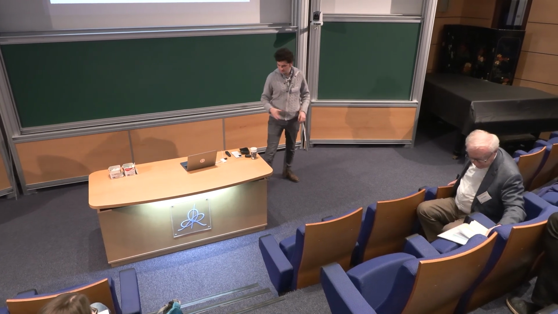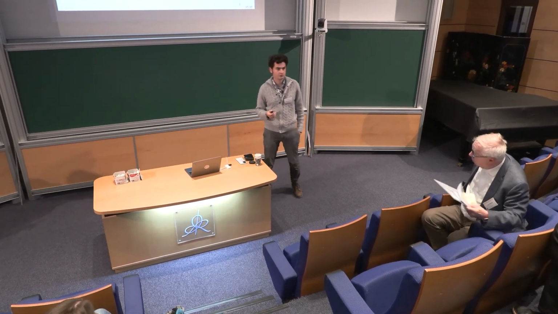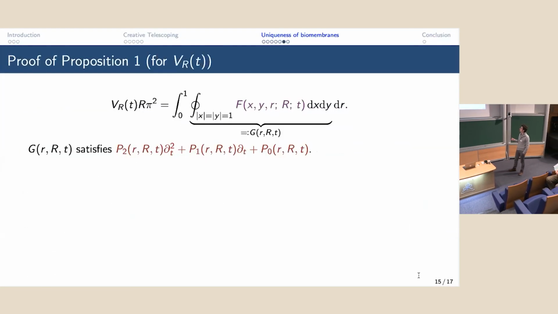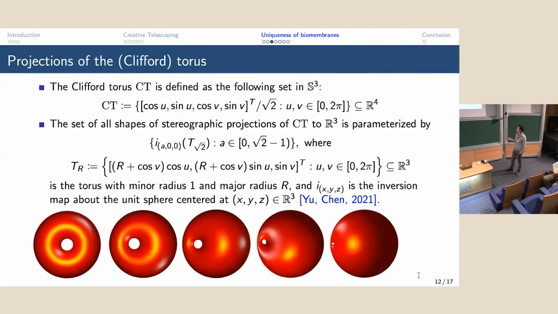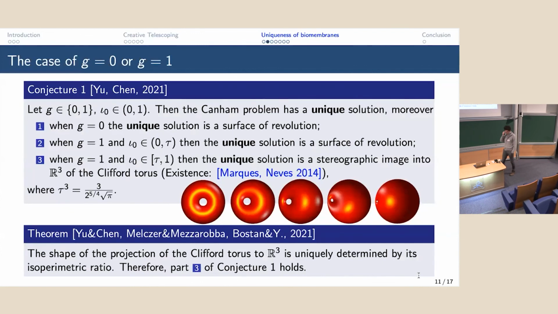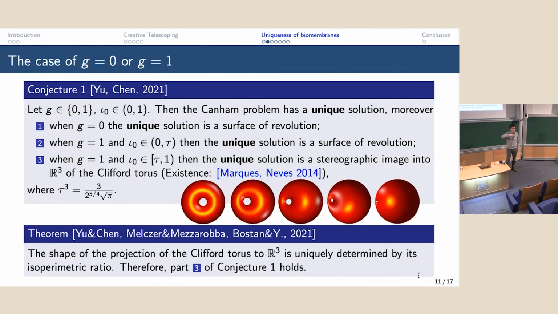So indeed, one, or the original, so no, let me say it like this. So in the proof of Yu and Chen, their statement was that if the sequence is positive, then it follows what we want.